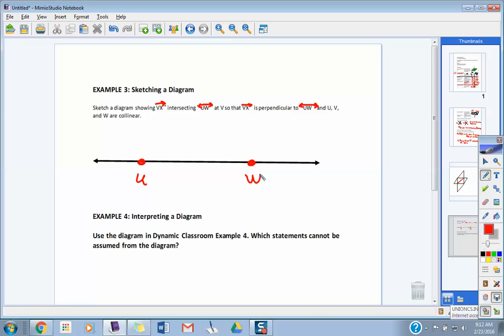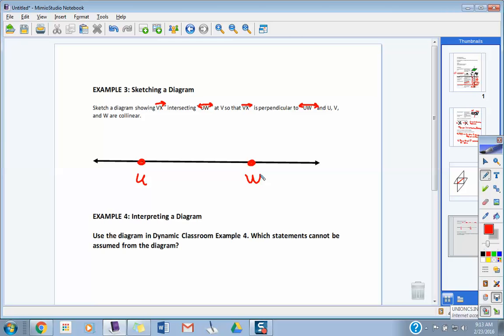Now, there's a ray that intersects this line at what point? At V. Can I go off at an angle from this line, or do I have to go straight up and down? Perpendicular, 90 degrees, okay?